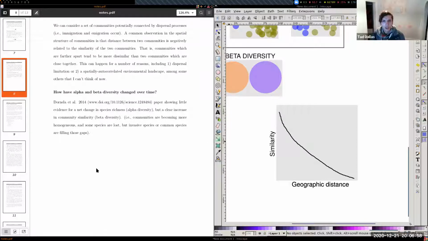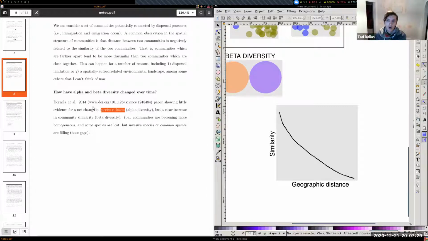However, there was something else going on here, and there was an increase in the similarity of communities. And so in this beta diversity, basically what is happening is communities were becoming more similar to one another, which means that we were losing species, we were losing rare species. But species richness was offset by the addition of widespread or invasive species.